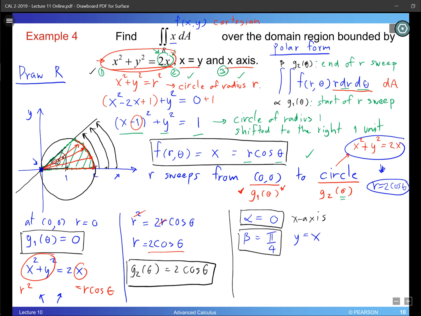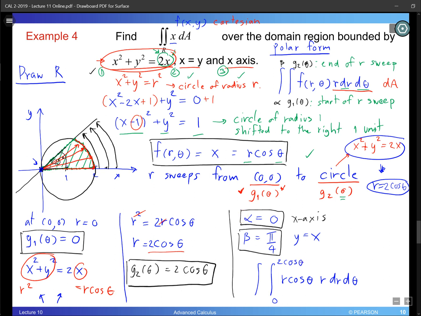So let's take a look at the complete formula. Okay, the double integration of the function in terms of radius and theta, and that is equal to r cosine theta. We found it up there, right? Times r dr d theta, that is dA, and the radius starts sweeping from radius equal to 0 and ends at g2 theta, that is 2 cosine theta.